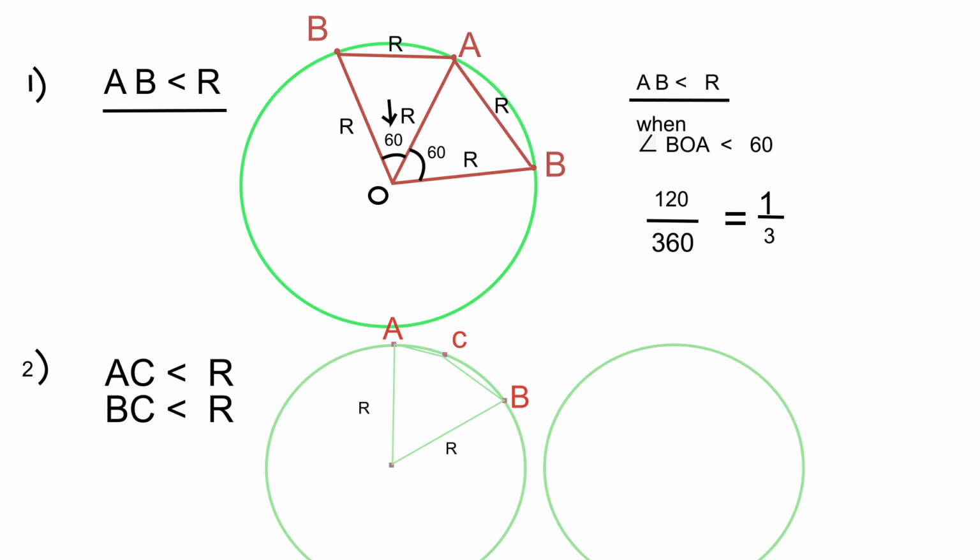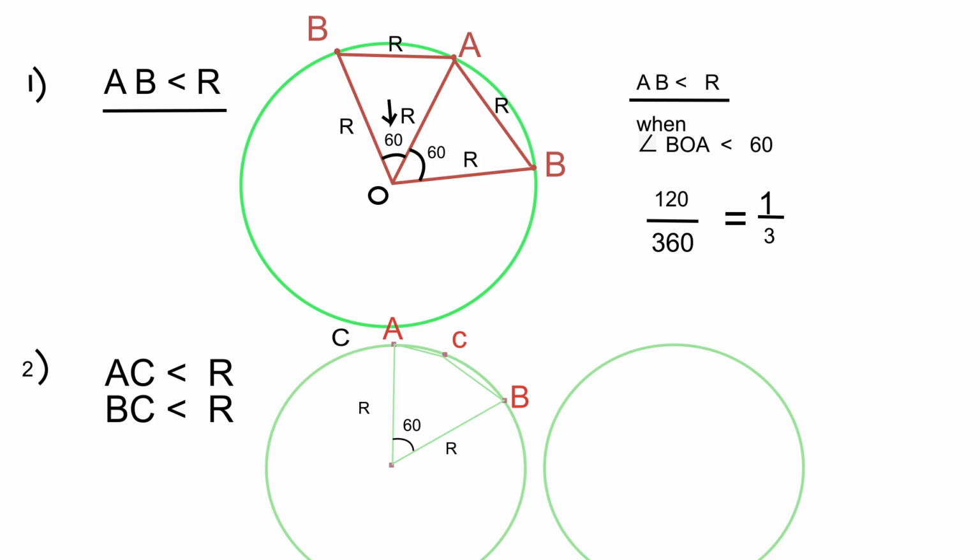And in a very similar way, this is going to be 60 degrees in terms of our range. Because if you notice, if C is in the middle like that, AC will definitely be less than R, and BC will definitely be less than R. But if C comes out here, then BC will be much bigger than R. So as you can see, C has to be in that 60 degree confined space.